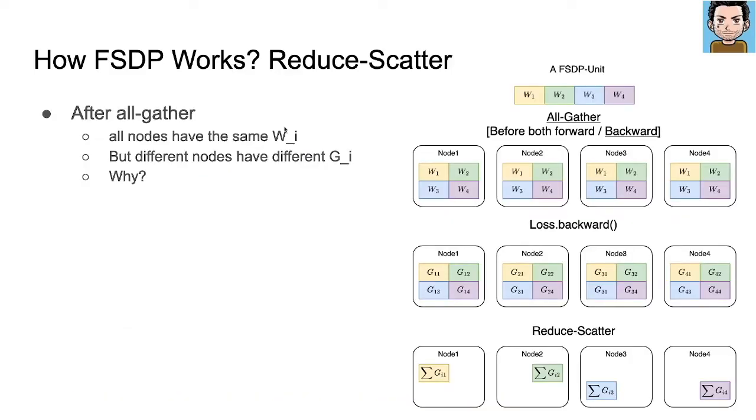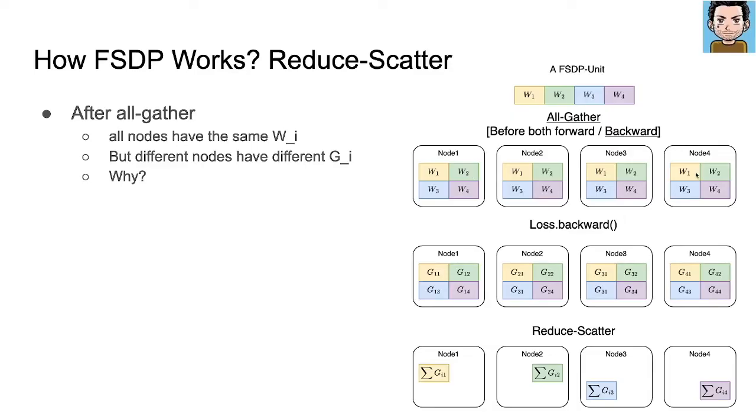Now let's see how FSDP uses reduce scatter during the backward pass. In this toy example, we have a toy FSDP unit with 4 weights, and we are about to perform the backward pass. Before performing the backward pass, FSDP will first perform all gather to gather all the weights from all different nodes or GPUs.